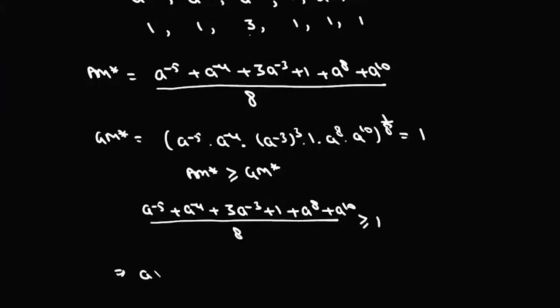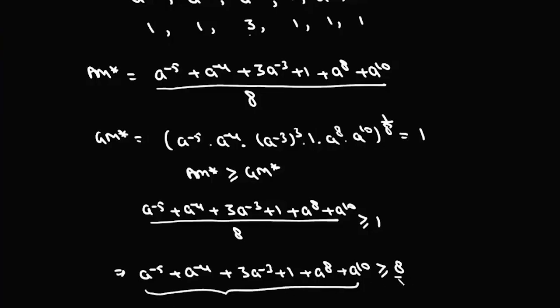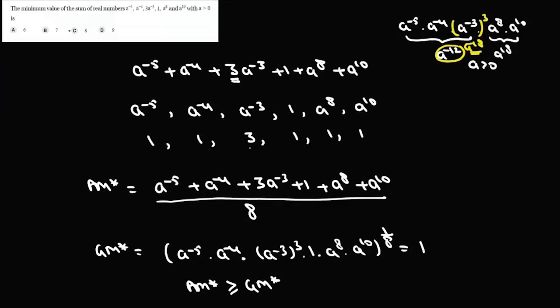Or simply we can write that this sum is always greater than or equal to 8. Therefore, its minimum value is simply 8. That means the answer to this question is option C.